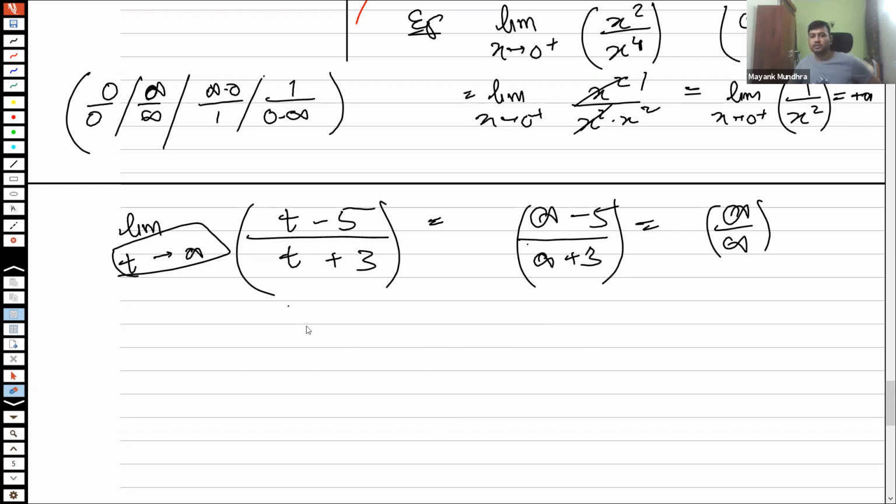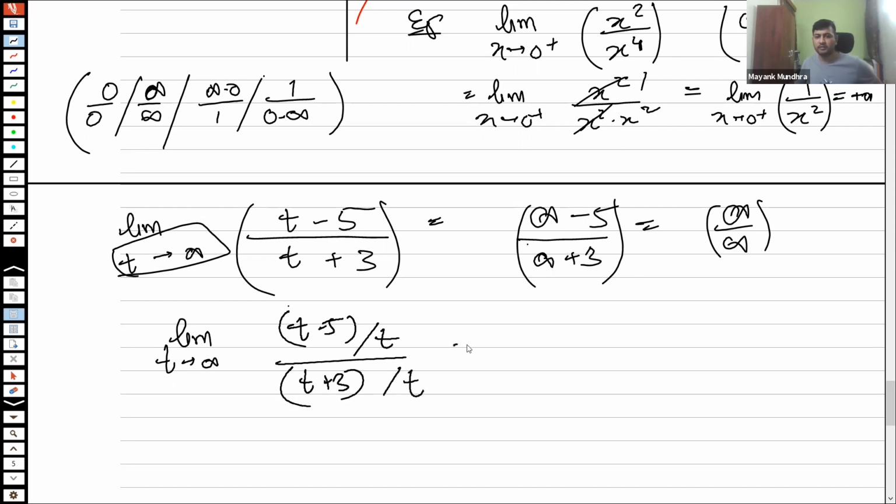So I get limit t tending to infinity, t minus 5 by t upon t plus 3 by t, which is basically limit t tending to infinity, 1 minus 5 by t upon 1 plus 3 by t.